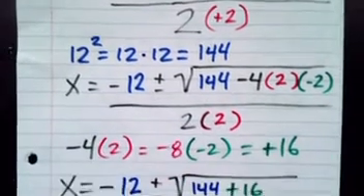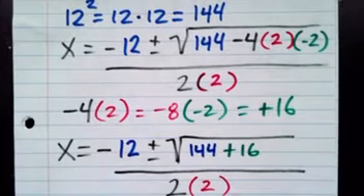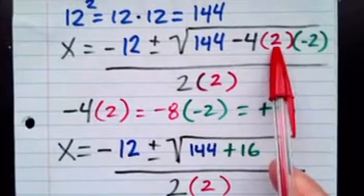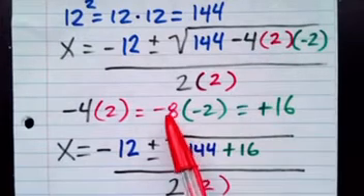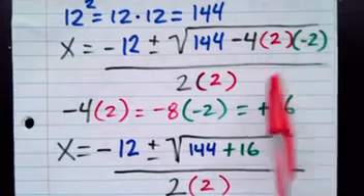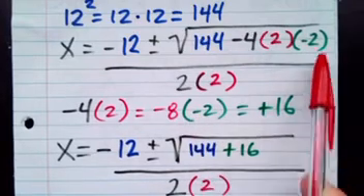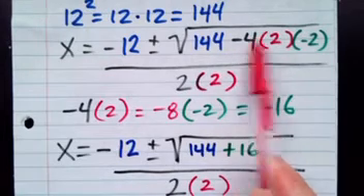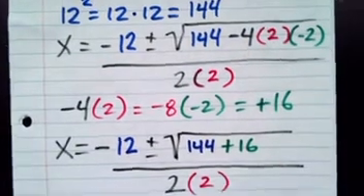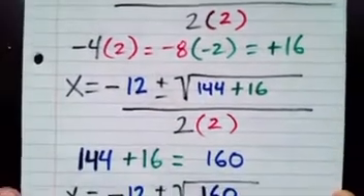Next I would like to multiply negative 4 times a positive 2, which is negative 8, and then that negative 8 times that negative 2, a negative and a negative make a positive 16. So everything here I can substitute for a positive 16. So 144 plus a positive 16.